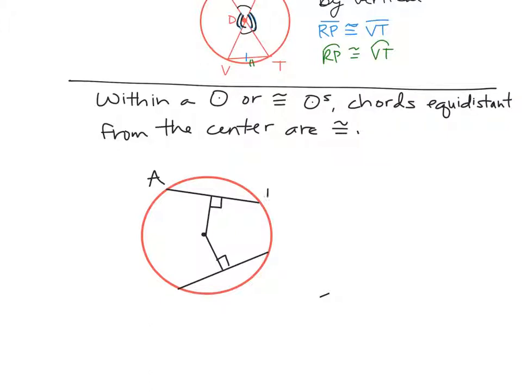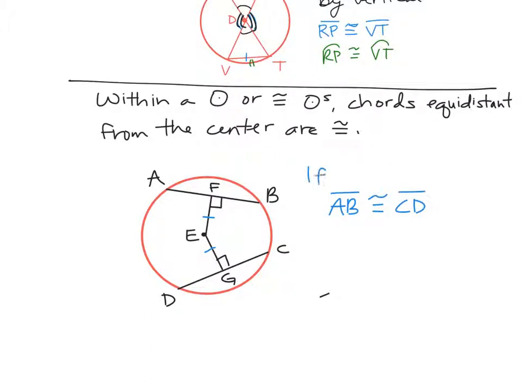What this theorem is saying is that because of the distance to them, so we'll call this E, F, and G, if we know that EF is congruent to EG, then we know that AB must be congruent to CD.